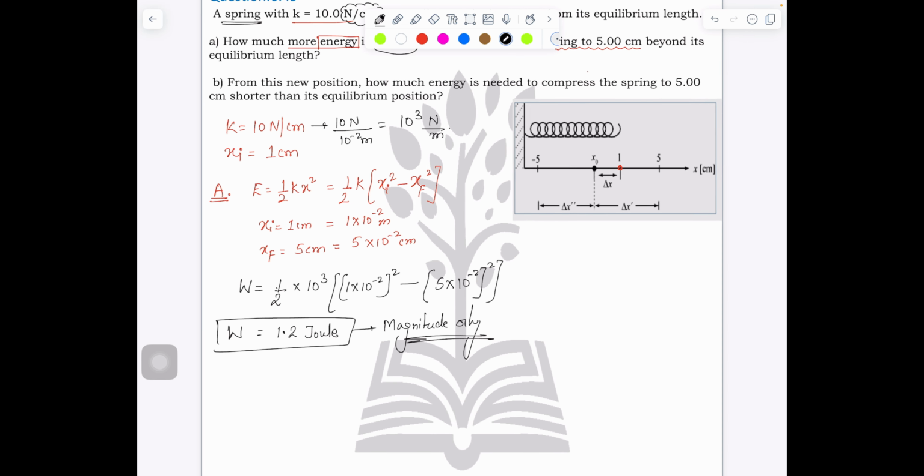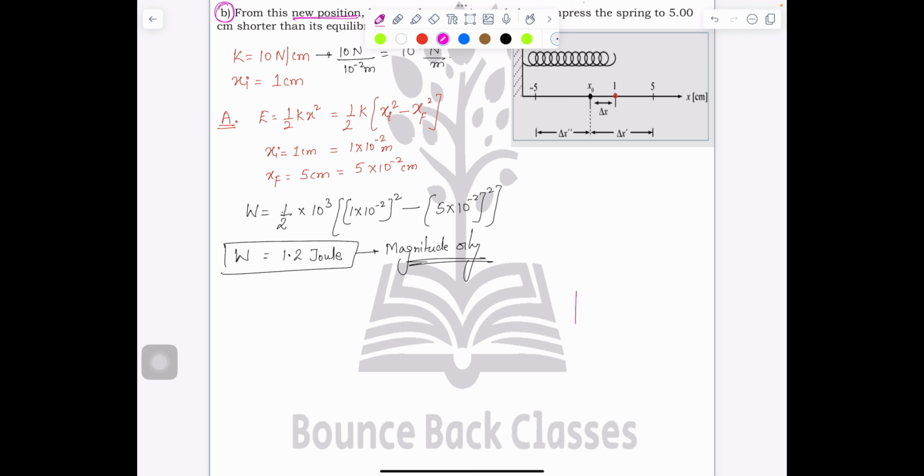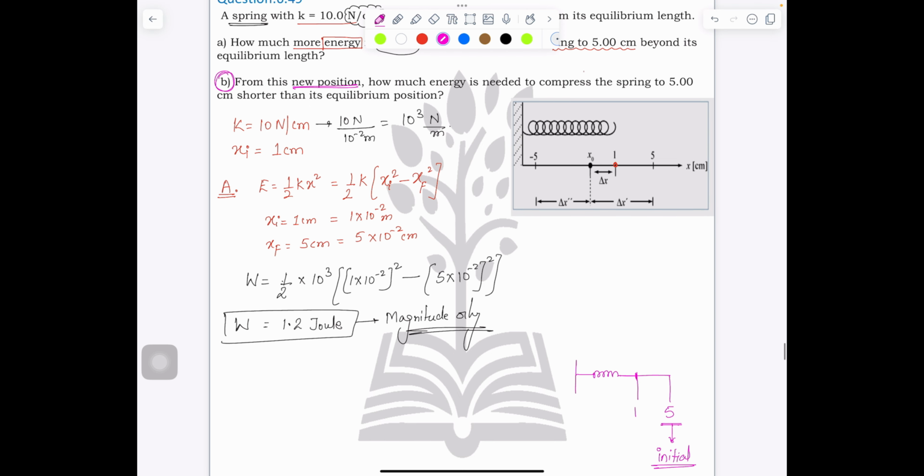Okay, fine. Next, part number B. From this new position where we are now, you need to understand, this is your spring and this is your 1, and now you stretch this up to 5. So for case B, this is your initial position. Now from this new position, how much energy is needed?